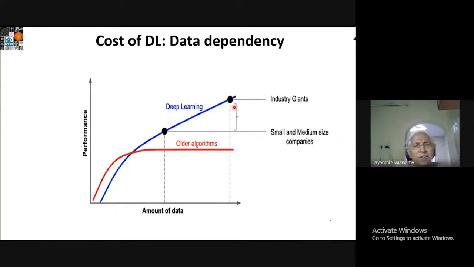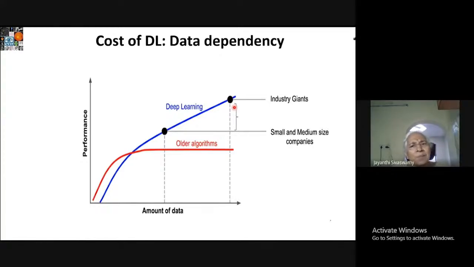They are also trying to enter the medical domain. Small and medium companies, not giants, still perform here. I would say academia performs somewhere here, maybe below them, because we cannot afford to get so much data. So this is one side of the story of deep learning based CAD building. Academia could even be at the same level, I would say more optimistically somewhere here.